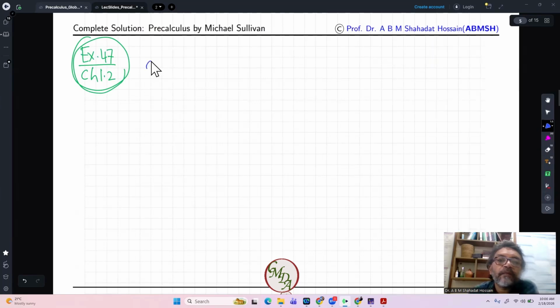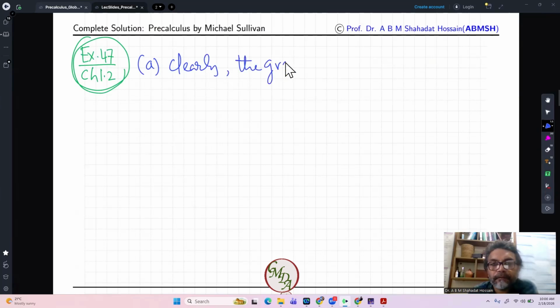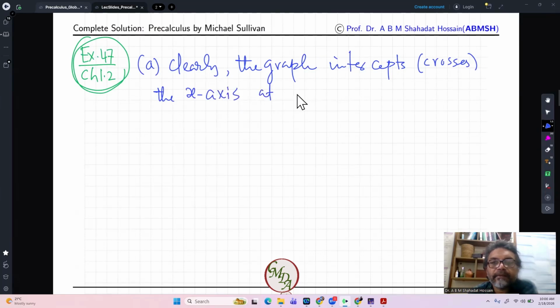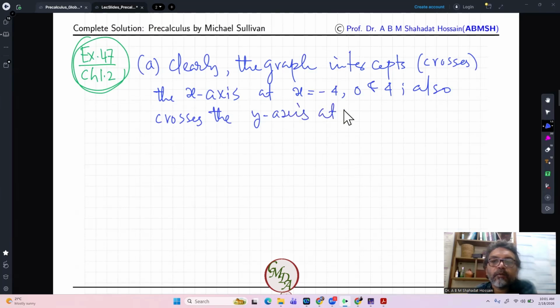So clearly, part A, the graph intercepts, that means in this case crosses the x-axis at x equals -4, 0, and 4, and also crosses the y-axis at y equals 0.